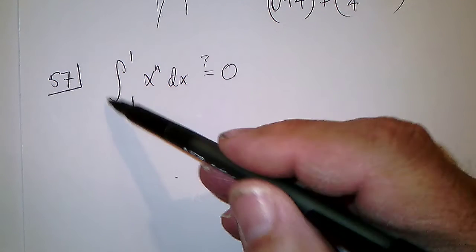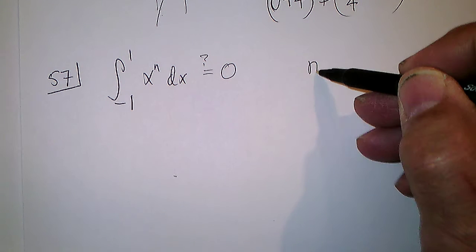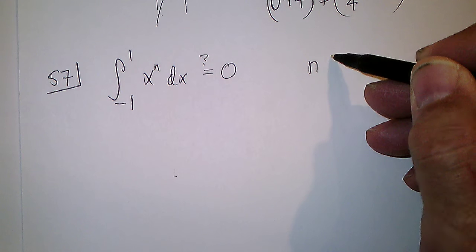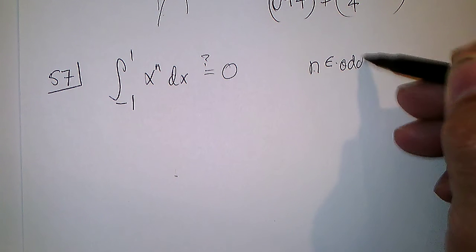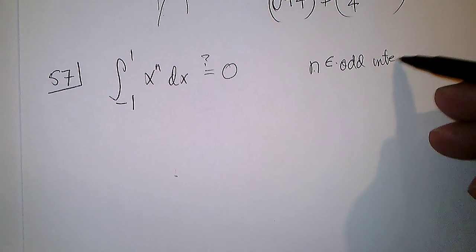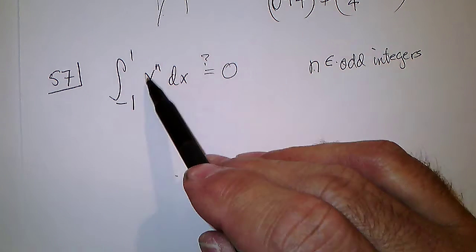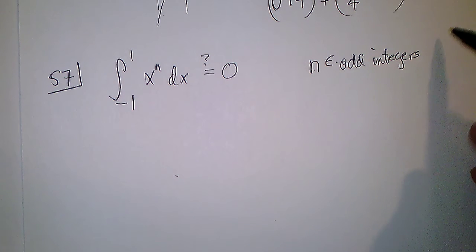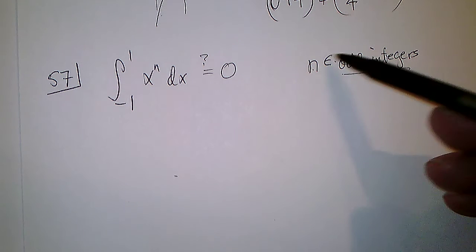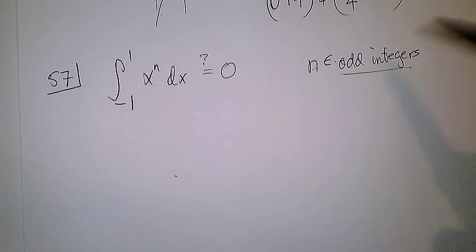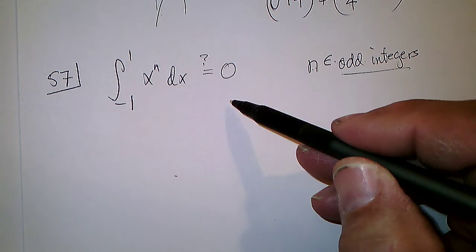Now, this one says, show that if n is odd, n is an element of the odd integers, well then if it's an odd positive power, I think it said positive also, but anytime you get x to a positive odd, then it's an odd function.